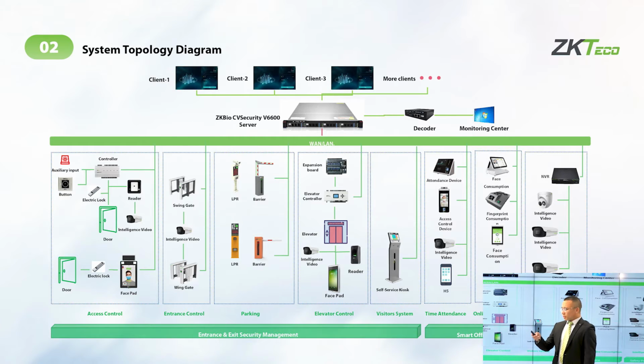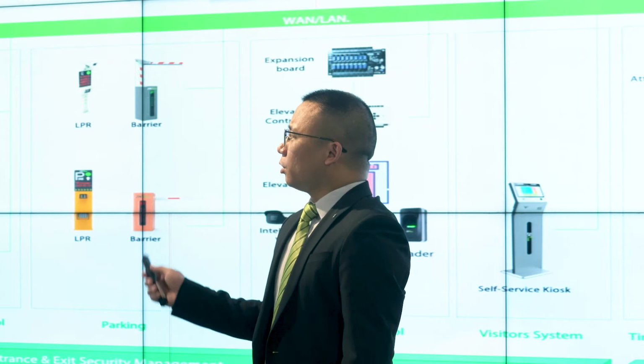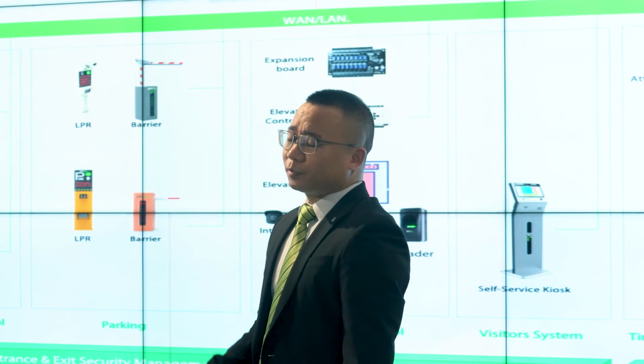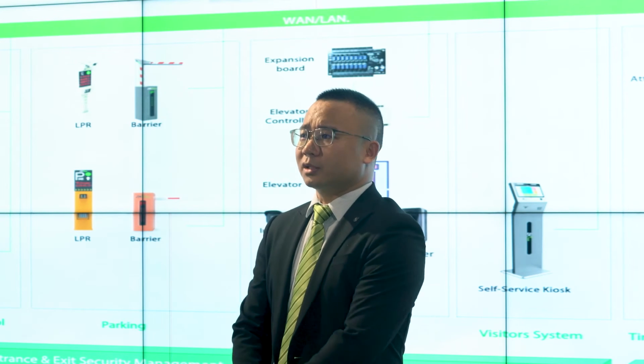The last one is the intelligent video. This part is the highlight, part 3, and I will emphasize introducing it. And at the top level, we can see the server and the monitoring center. This whole typical top diagram is a big difference with the ZKBioCV.